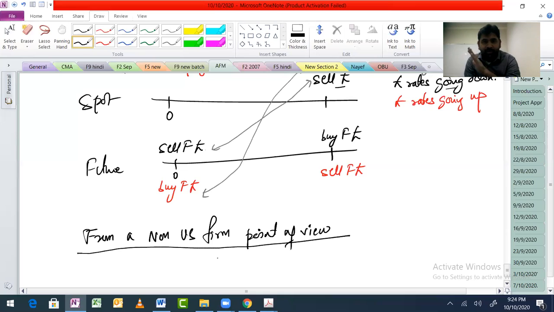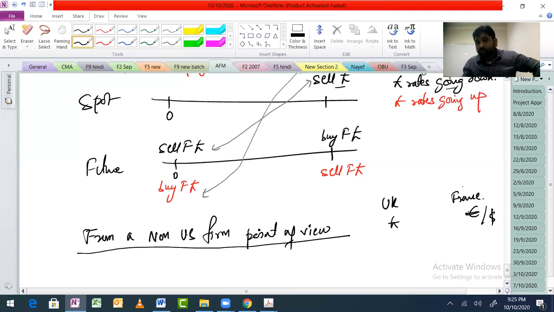A UK firm will obviously buy something from France, so here is the euro and here the pound. If they want to hedge this using the futures market, then this will be hedged against the dollar.